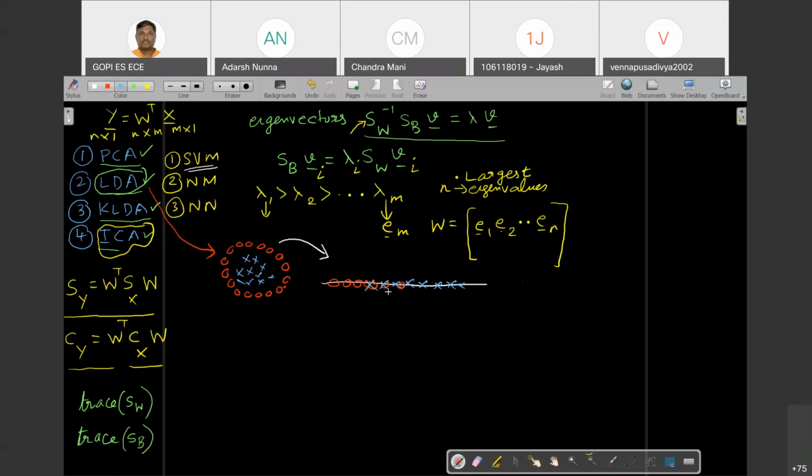And that is the reason we go for what is called KLDA. This is a very popular and very important trick, just like the kernel trick we use in regression. This is the kernel linear discriminant analysis.